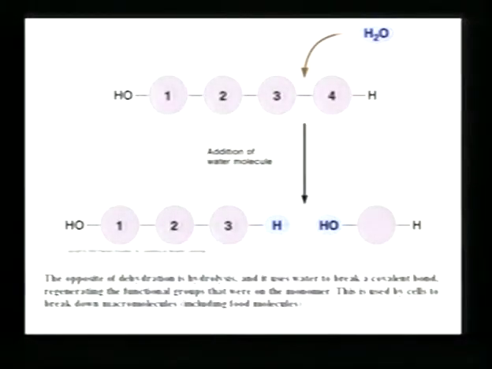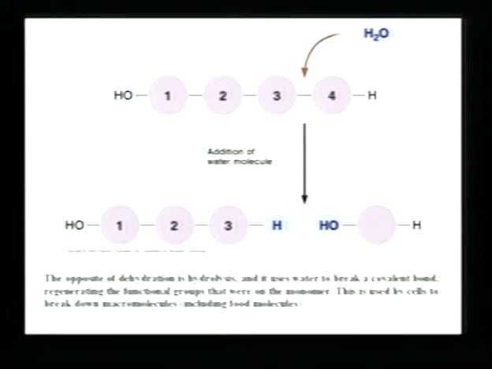You can do the reverse as well. You can do what's called hydrolysis. Lysis means to break, so hydrolysis literally means water breaking, which is shown on the next slide. Water is added to the polymer to break out the monomers and restore their original configuration and their original bonds.